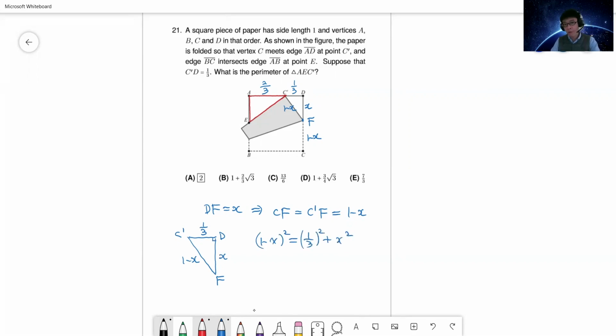From here, we can solve X, and so we can determine the location of F. So 1 minus 2X plus X squared equals 1 over 9 plus X squared. So we can cancel X squared and solve X equals 4 over 9.